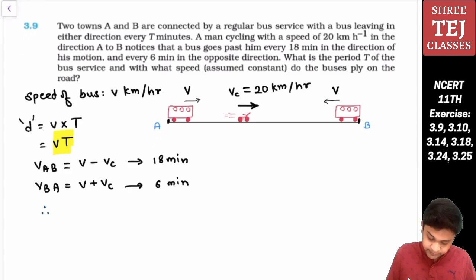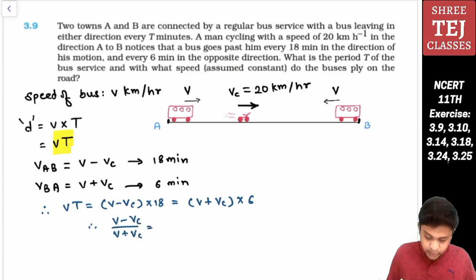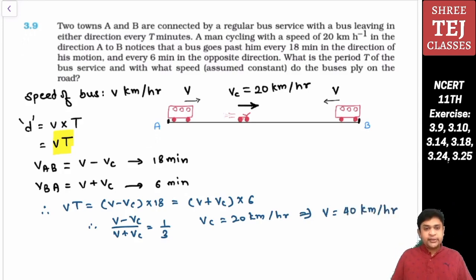Therefore we would get Vt is equal to V minus Vc into 18 minutes, which is also equal to V plus Vc into 6 minutes. Therefore, we will get V minus Vc upon V plus Vc is equal to 1 by 3. But we know Vc is equal to 20 km per hour. So upon simplifying, we get V is equal to 40 km per hour.